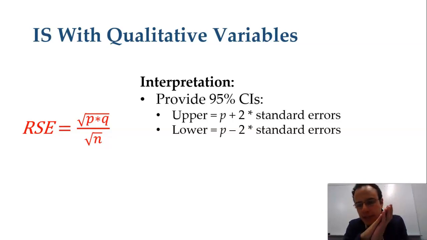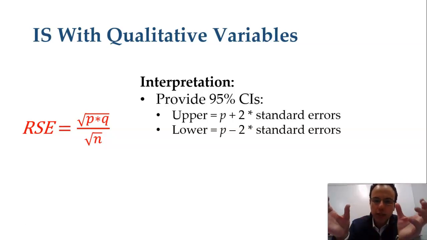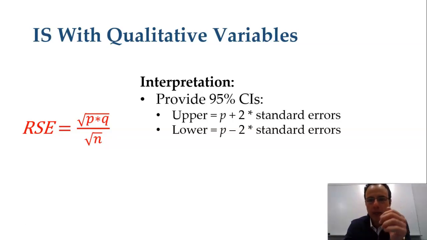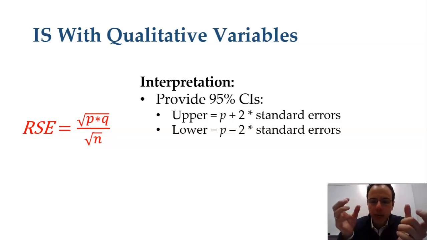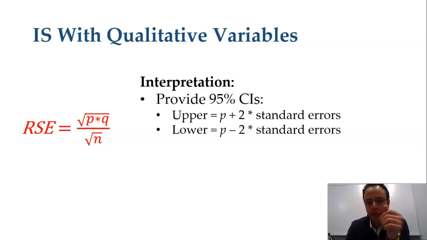And the interpretation is the same that we have done in the past. So we provide our 95% confidence interval, and we provide these two boundaries, the upper boundary and the lower boundary, and it's the same. So you have the proportion and you add 2 standard errors, or you subtract 2 standard errors, okay?